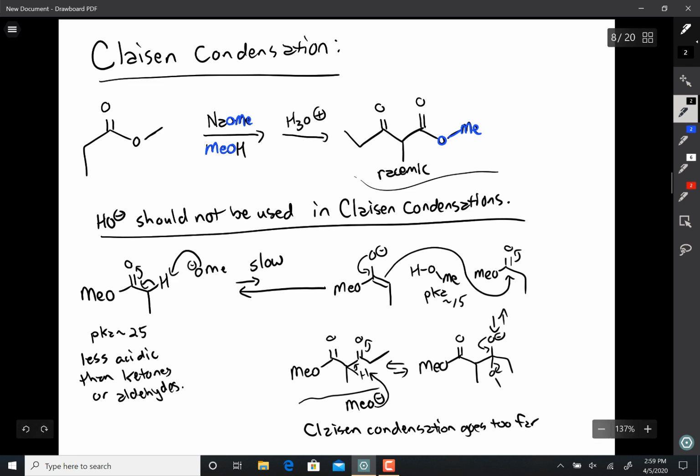Because of this acidic proton, there is no stopping this step. It's the fastest step in the entire reaction. Once you form this, it deprotonates this. This is actually what's called the driving force of this reaction. We'll get to that in a bit.